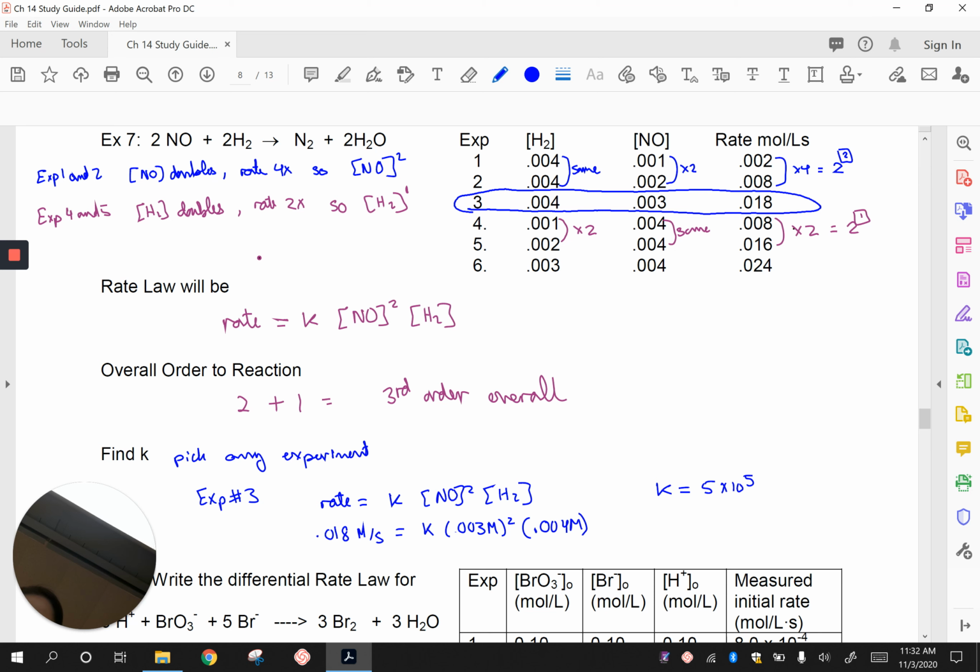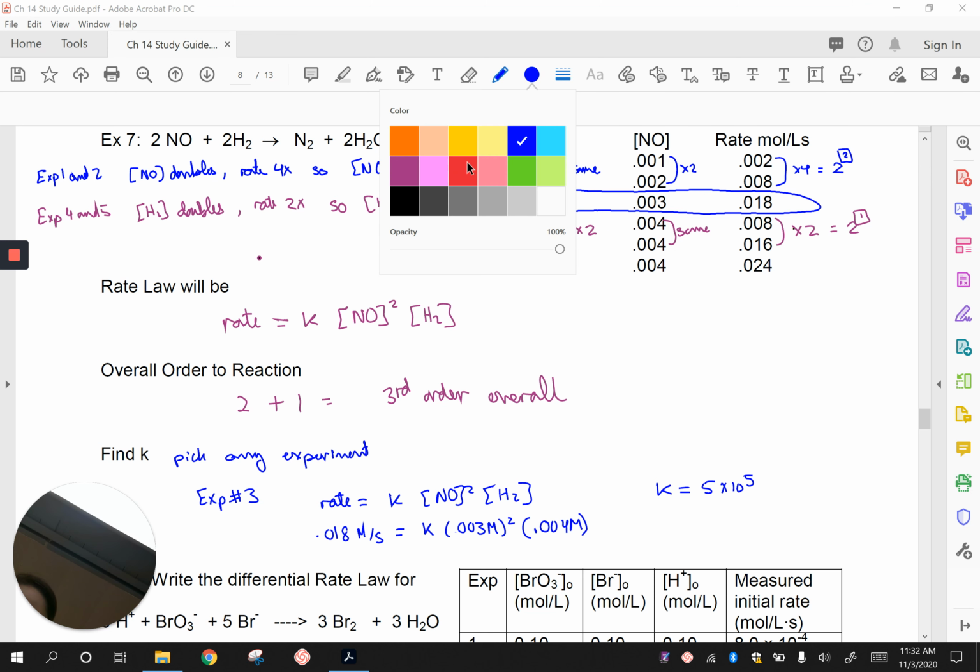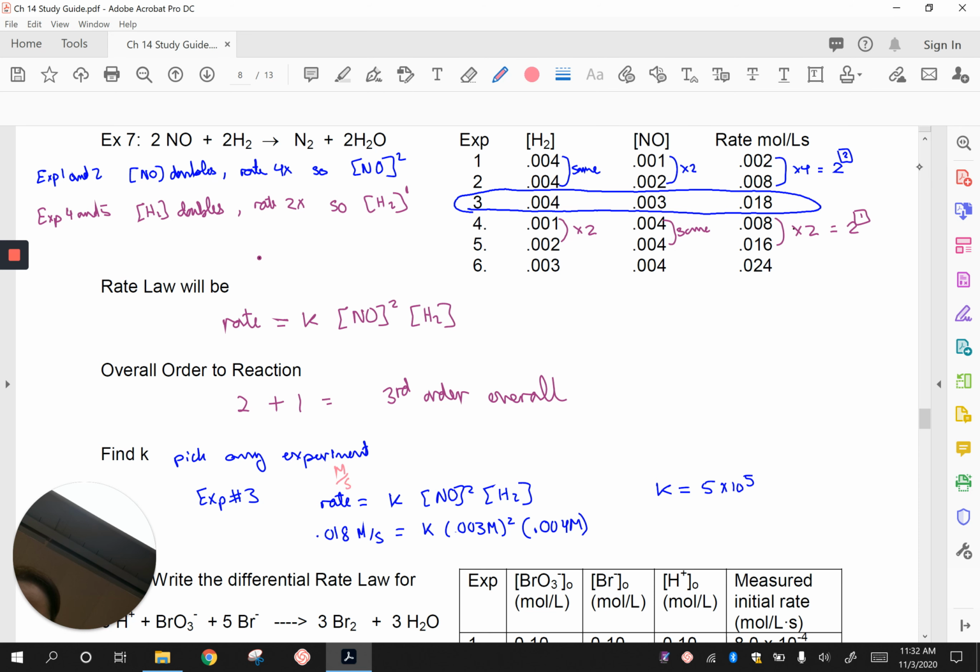I'm going to use a different color here. This is molar per second is equal to K times molar squared times molar, right? So if I'm solving for K, I can say K is equal to the molar per second, and then I move these, they go to the bottom, so molar squared times molar.